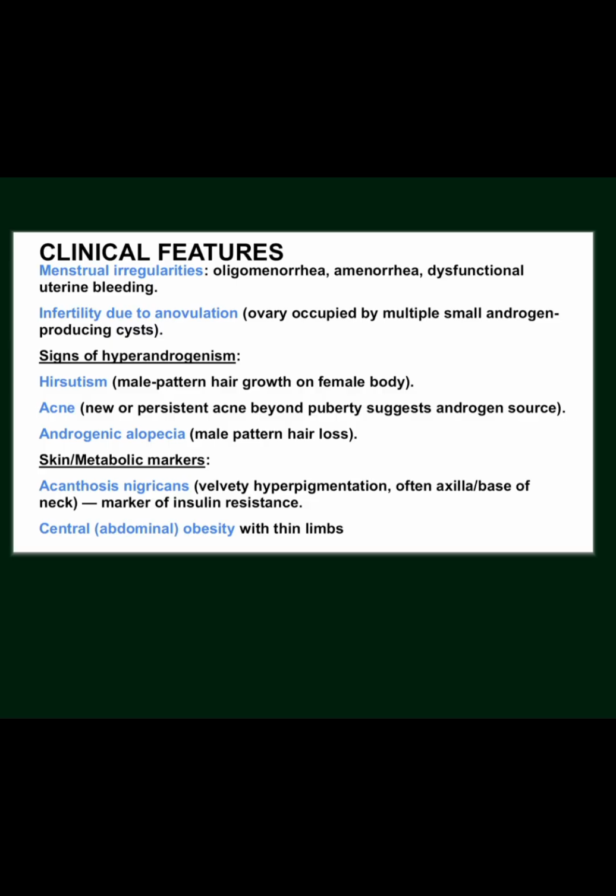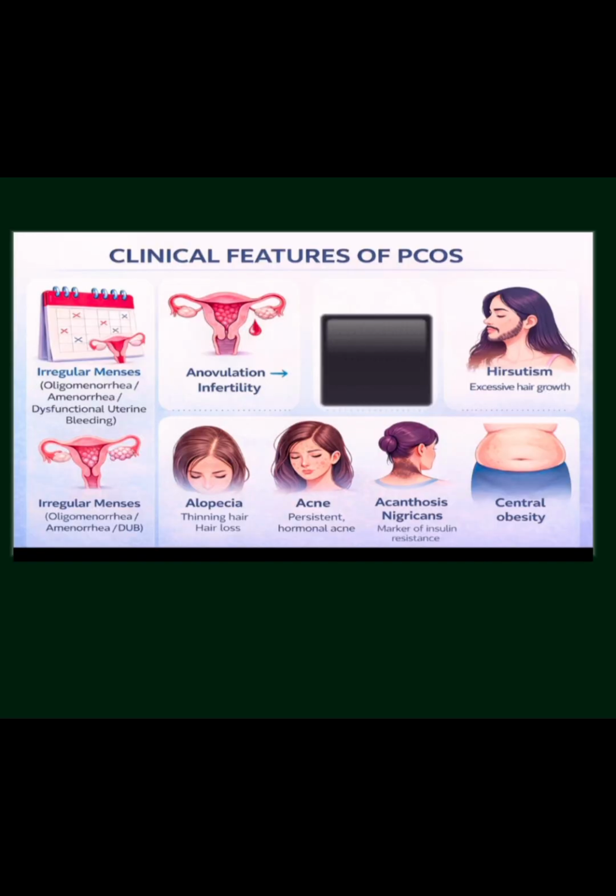We've got metabolic markers such as acanthosis nigricans, just the velvet pigmentation, often in the armpits and in the neck, sometimes even in the thighs. Okay, so that's a marker of insulin resistance. We've got central obesity, okay, obesity with thin limbs. Just to show, all that we've talked about is here: the central obesity, there's acanthosis nigricans, there's acne, there's alopecia, and there's hirsutism there.